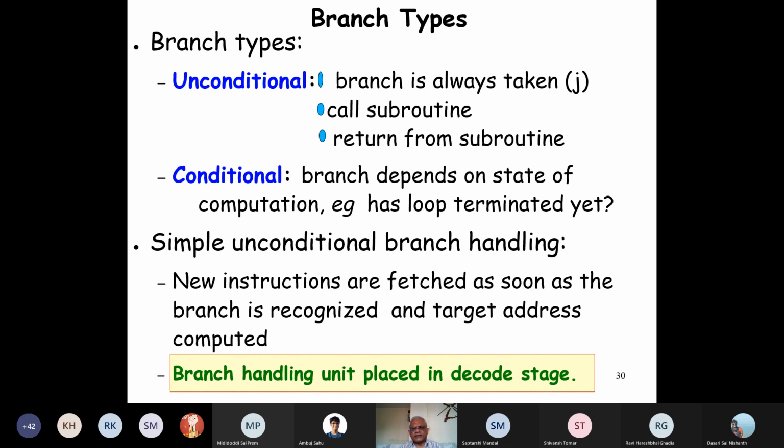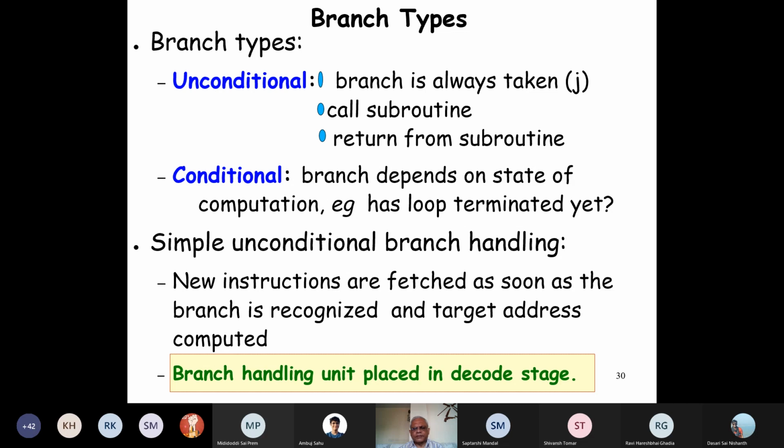So at the ID stage, once the instruction is known to be an unconditional branch, we know that the branch will jump to the target 100%. It will not fall through because it is an unconditional jump, call subroutine, etc.